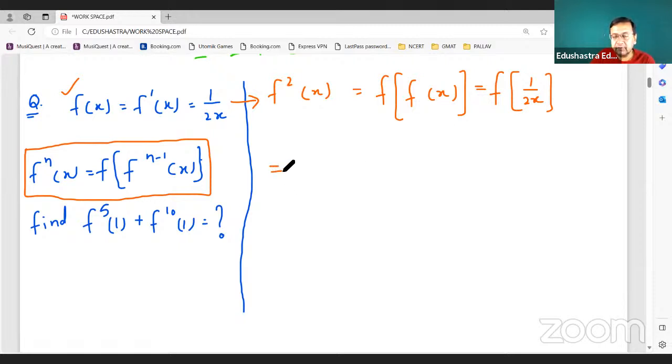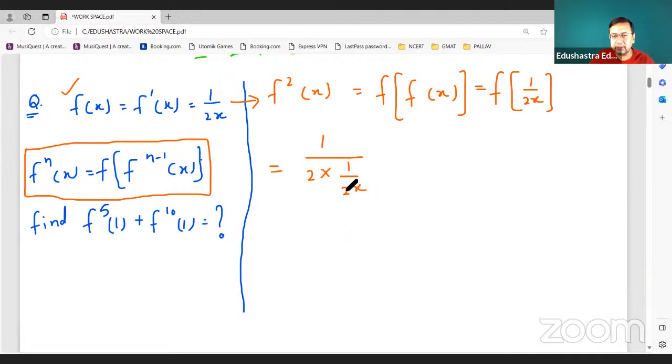Now solve this further. So now for the value of x, what is this value? 1 by 2 of x. So when you're solving, this is 1 upon 2, right? And what is the value of x? This is 1 upon 2x, right?